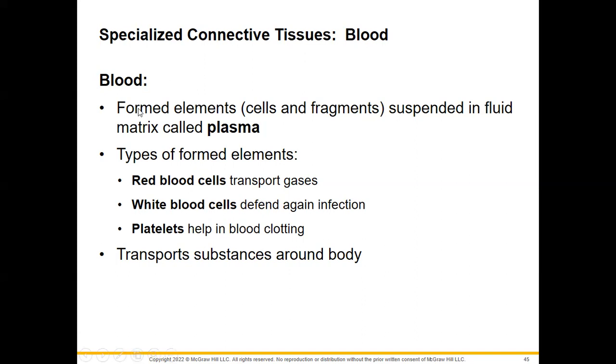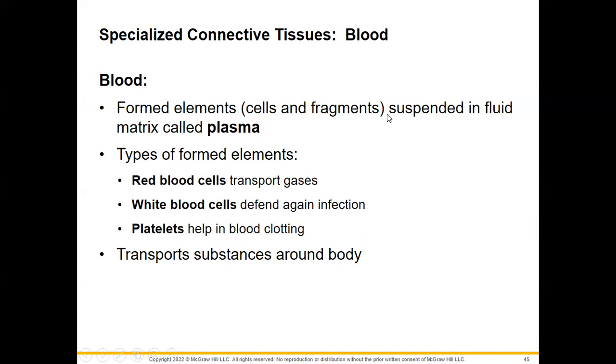The formed elements are things that have a shape. Your cells and your cell fragments are the formed elements. So your red blood cells and white blood cells are formed elements. And then your cell fragments are your platelets.